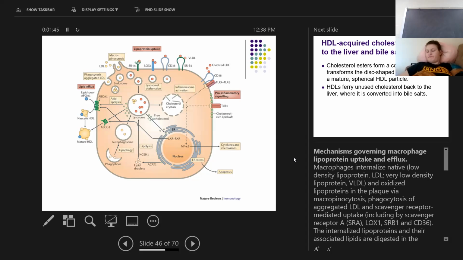Then that cholesterol itself can also be effluxed by ABCA1 and by this other protein, ABCG1, both of which can transfer the cholesterol to HDL particles. This seems to play a role in decreasing the tendency for the macrophage to become a foam cell.